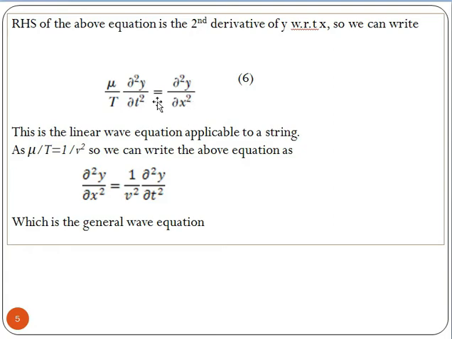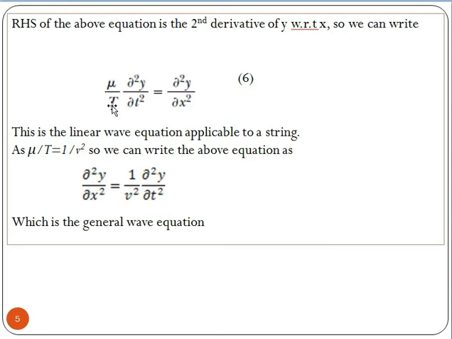Now look at this μ/T. As we know, the wave speed on a stretched string is equal to the square root of T divided by μ. In the previous lecture we denoted the tension by F, so that is v² equals F over μ.